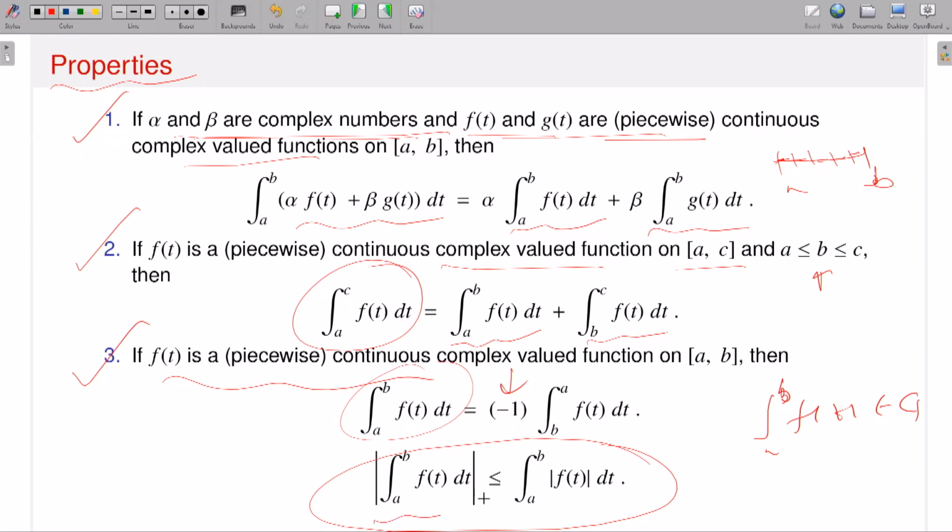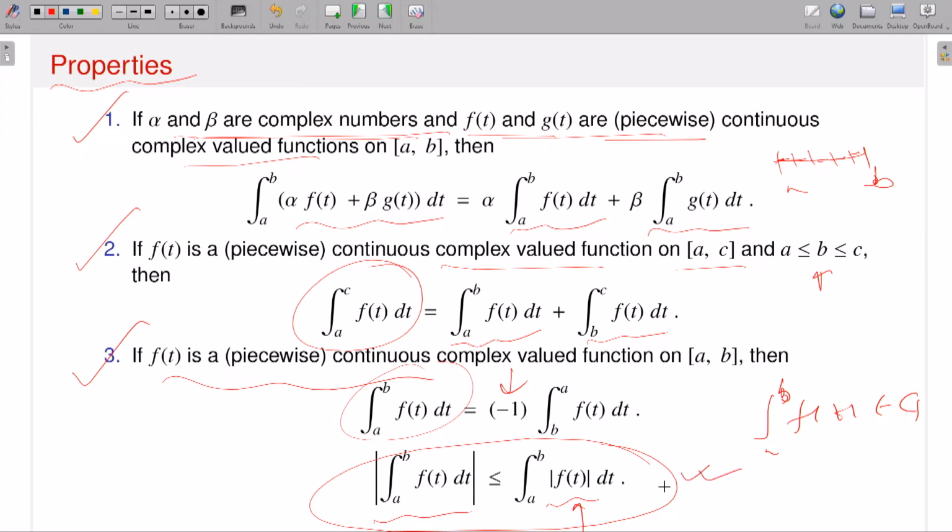So the question is, can I estimate this number? It says that the absolute value of the integral from a to b of f(t) dt is dominated by the integral from a to b of the absolute value of f(t) dt. You can push your modulus inside the integrand. Maybe I will talk about the proof in my next slides, since you can prove it using the properties I have discussed for integrals of complex valued functions.